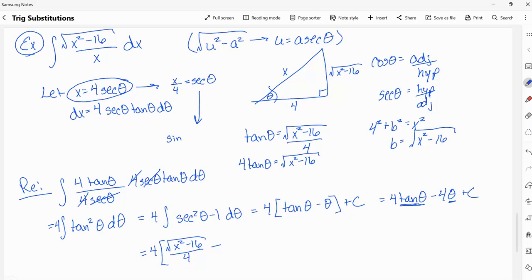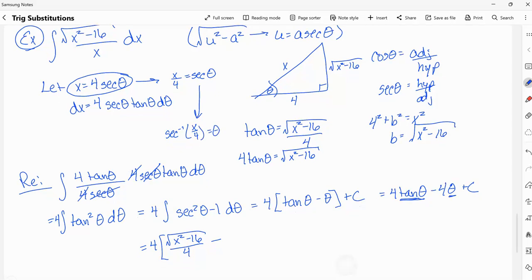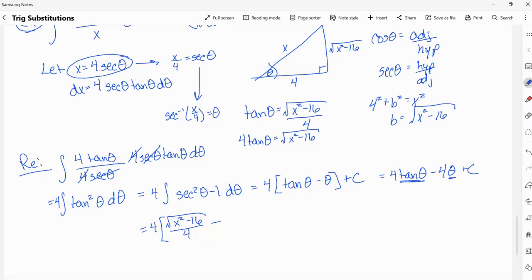So the inverse secant of x over 4 is equal to theta. Write that as arc secant. And then you can see those 4s are going to reduce. So here's my reduced final answer.